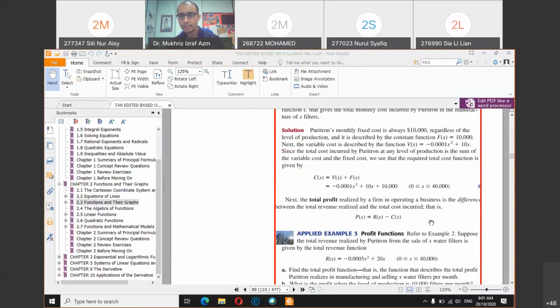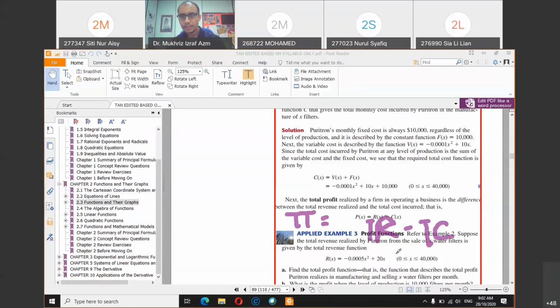But here, of course, the revenue function is given to you already, because the goal is just to construct the total profit function, which is TR minus TC. So you should know by now that profit, sometimes we use the symbol pi to denote profit, equals TR minus TC. So this is what you are actually doing here: total revenue minus total cost.